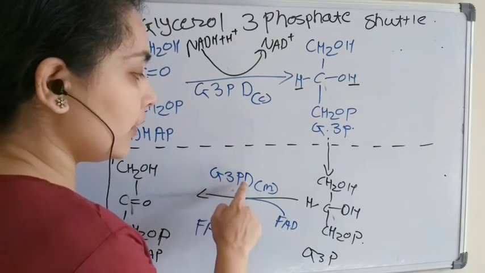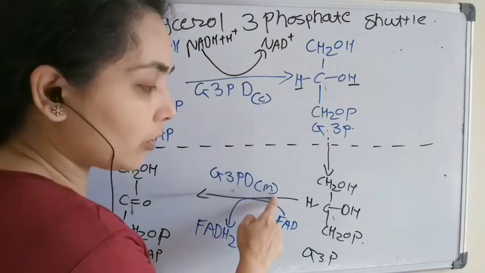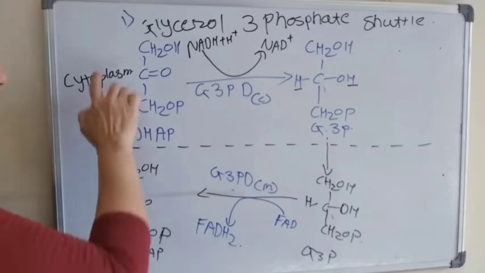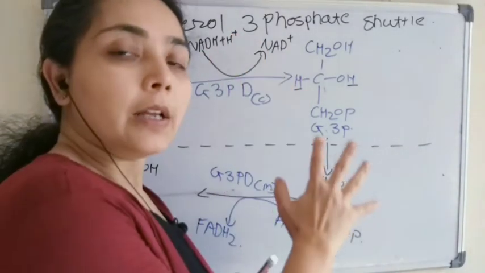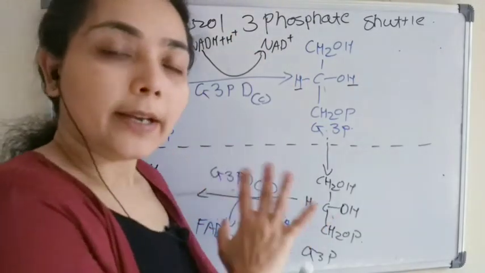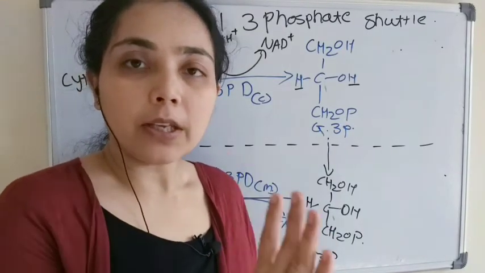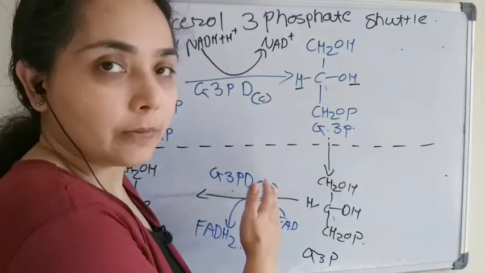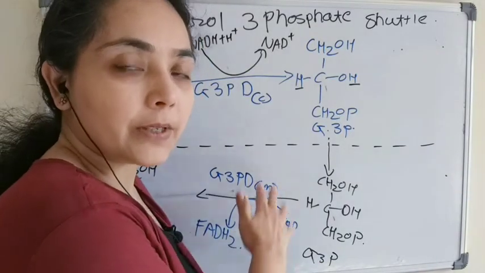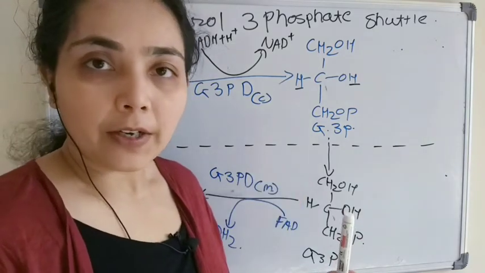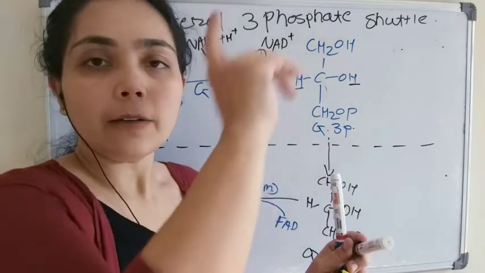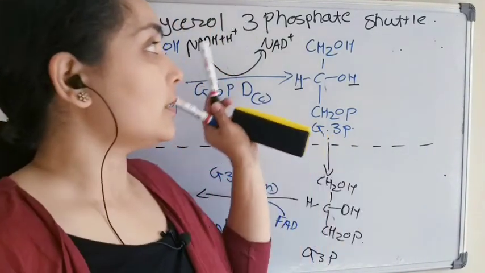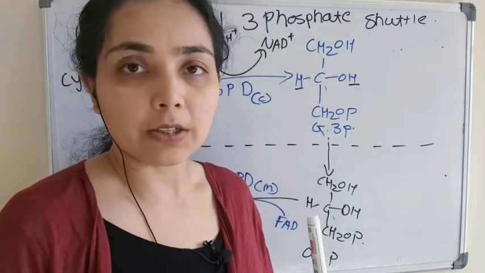The enzyme here is glycerol 3-phosphate dehydrogenase, M is for mitochondria, and this glycerol 3-phosphate again converts to dihydroxyacetone phosphate, which comes back into the cytoplasm of the cell. Okay, so this way electrons will be transferred in the mitochondrial intermembrane space and finally accepted by FADH2, and this electron will be transferred into the electron transport chain. Got it? So this is all about the glycerol 3-phosphate shuttle system.